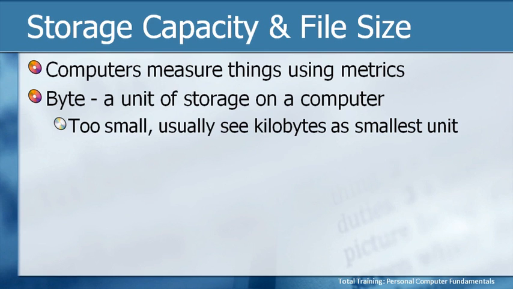A byte in itself is really too small, so usually we see it with some kind of metric prefix associated with it. Kilobytes these days are usually the smallest unit that we see. In short, a byte is the amount of storage it takes to hold one character. In other words, the letter A takes up a byte. See, I told you that's probably way too detailed for what you want to know.